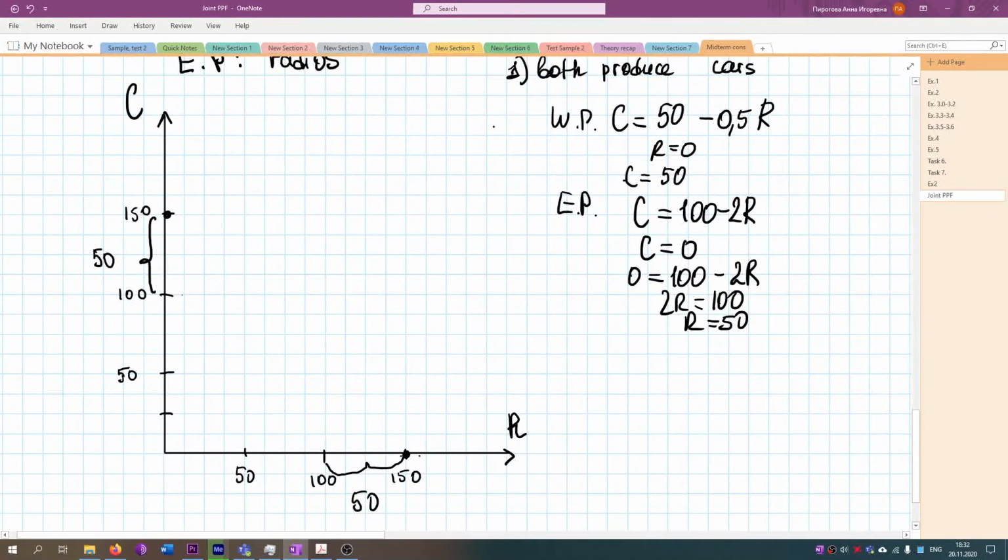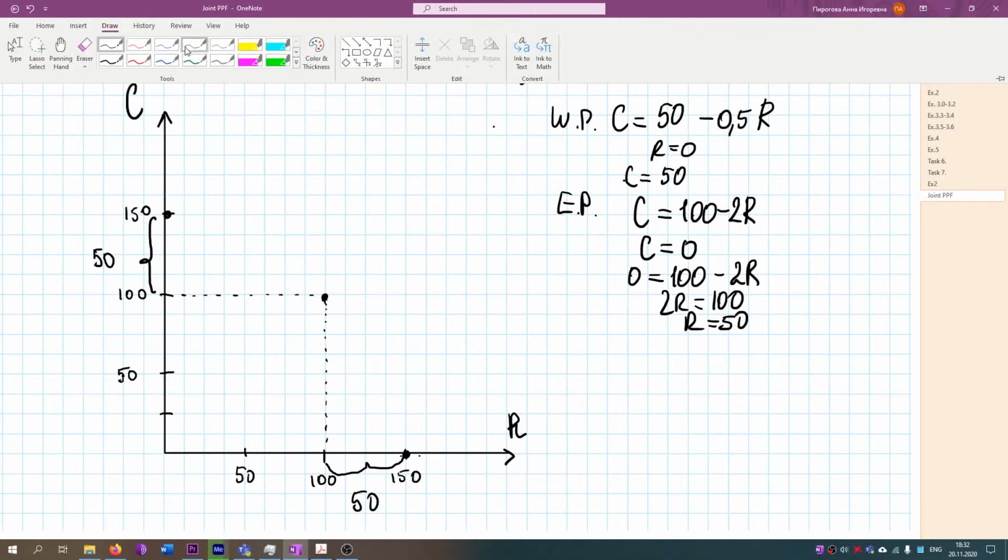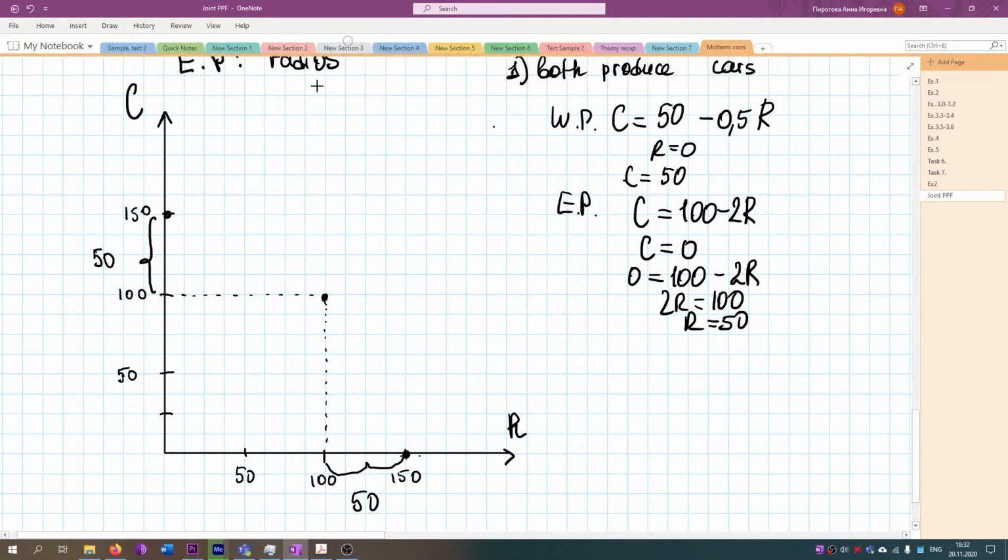And we need to draw the line like this until we receive the third point of our production possibility frontier. And we should now connect all the points. So first connection, the second connection.